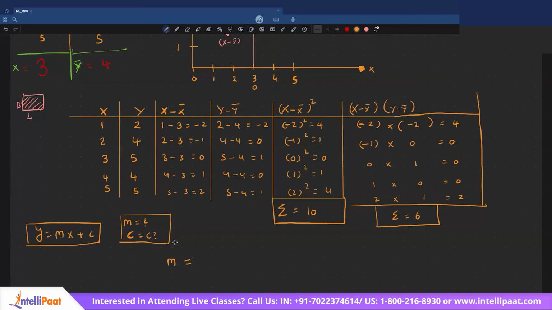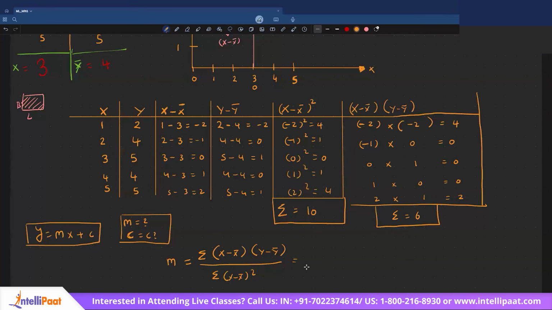So, mathematically speaking, to get the value of the slope, the formula is summation of x minus x bar into y minus y bar divided by summation of x minus x bar the whole square.